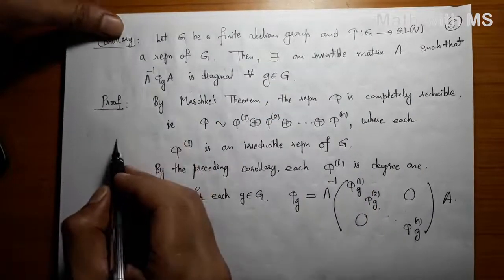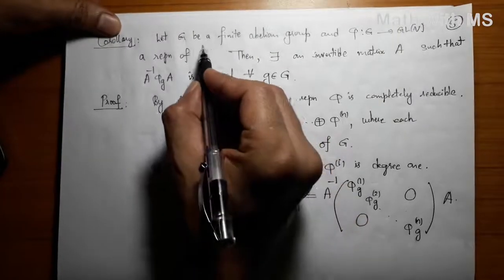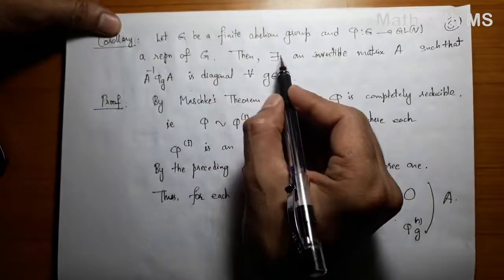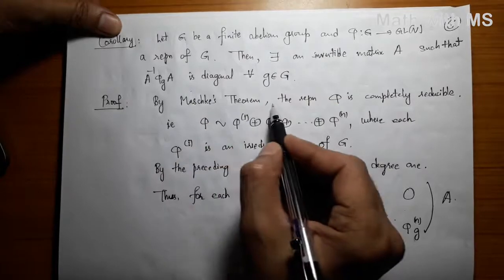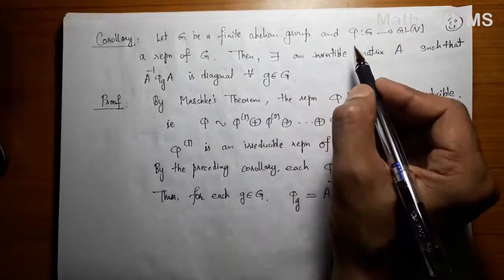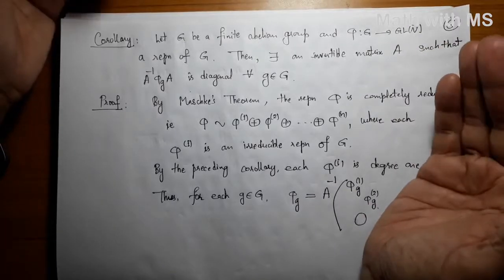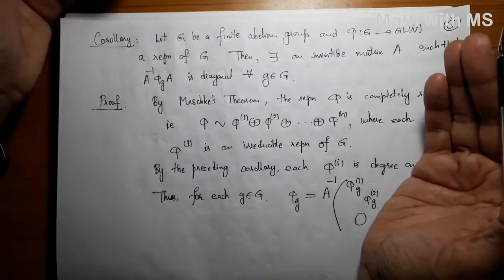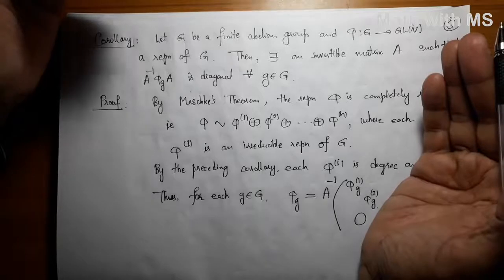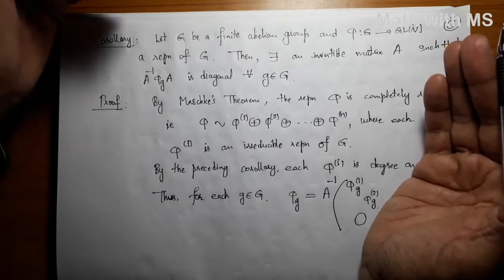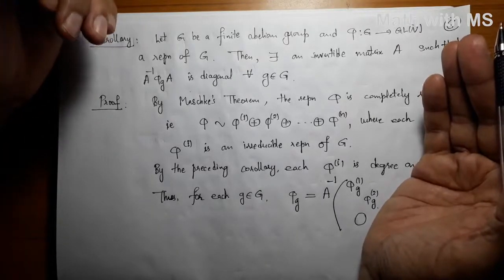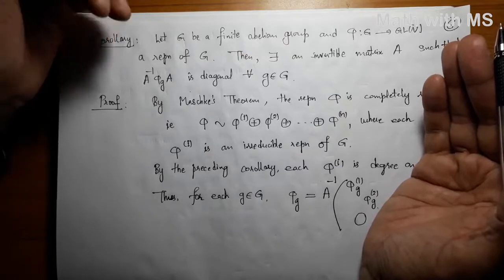So let's prove it. Since the group is given to be finite, by Maschke's theorem, every representation of a finite group is completely reducible. Remember that finiteness was used there crucially. In fact, I spent some time discussing that issue and gave a counterexample where this fails.